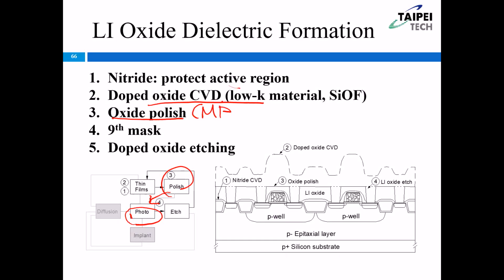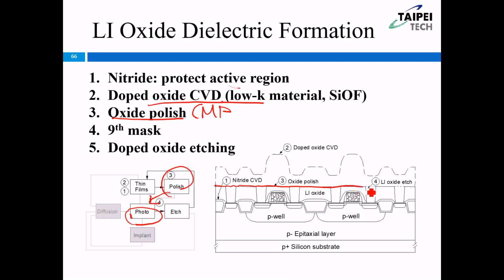Before photolithography, because we use light and optics are related to depth of field, you must have a flat surface. So before the photolithography, we need a very flat surface. That's the reason we use the CMP to obtain a very flat outside.